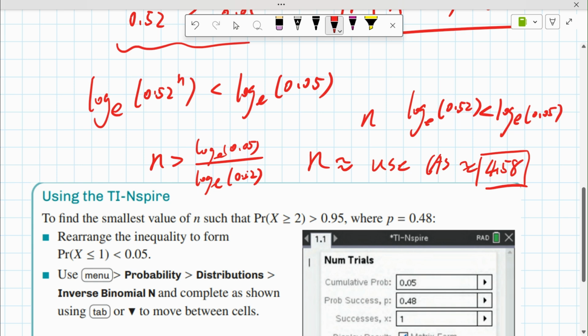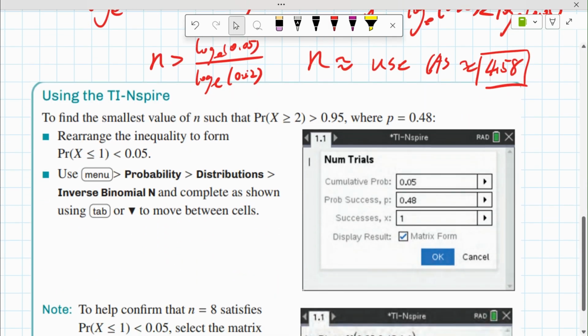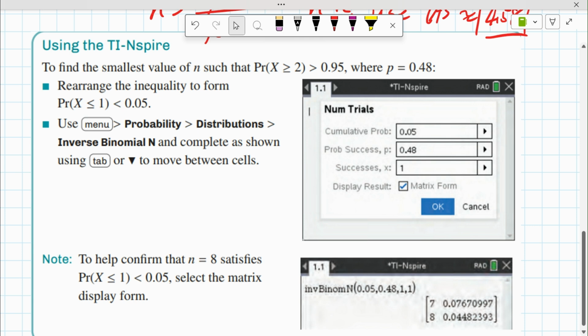That means the game must be played at least 5 times to make sure the probability of winning at least once is more than 0.95. So that's it. Also, we can use something with the calculator.